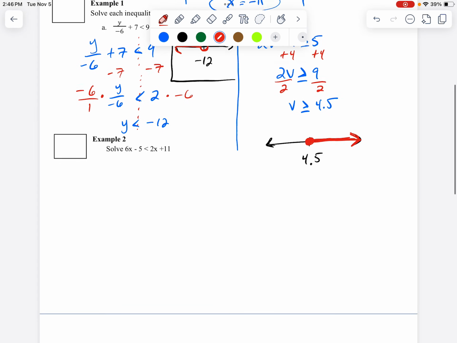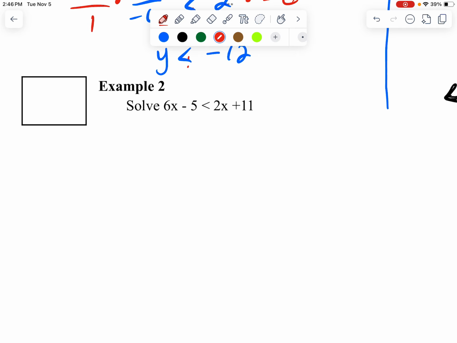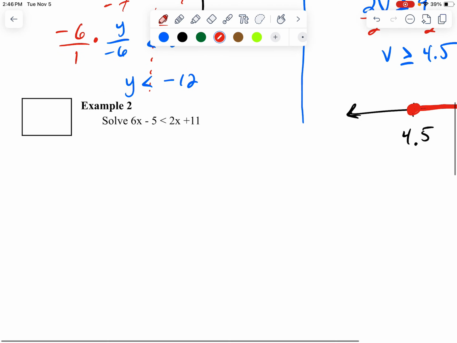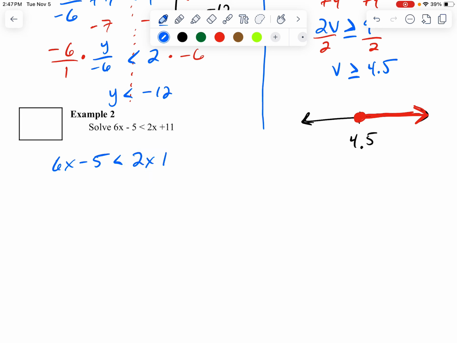All right, moving on. Here we've got variables on both sides. So again, we treat it just like if it was an equation. I want to get both my variables to the same side and then get x by itself. And again, in order to try to keep my variables positive, I'll subtract the smaller one.